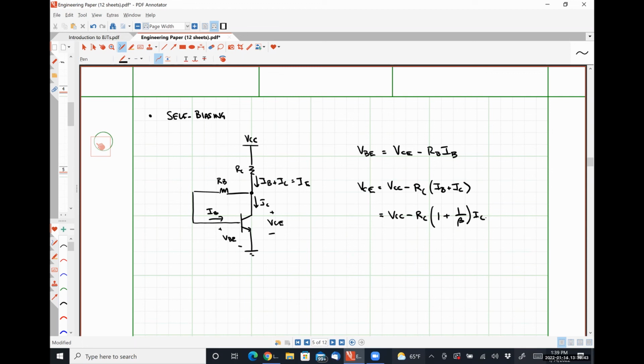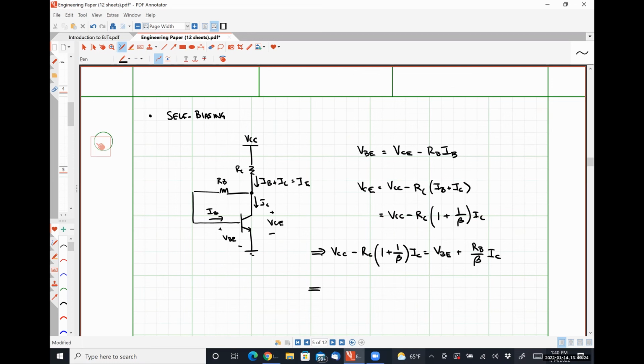And so from these relationships, we can get VCC minus RC times (1 plus 1 over beta) IC is equal to VBE plus RB over beta IC.